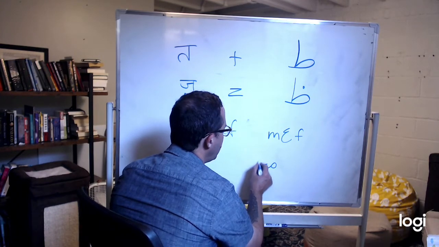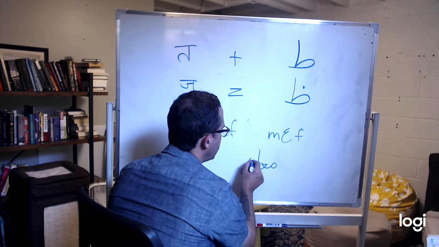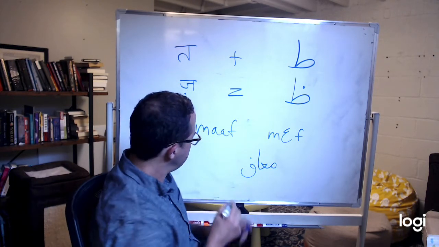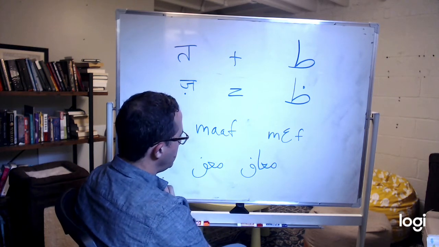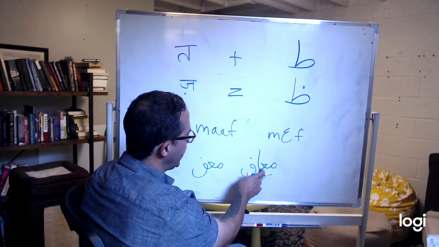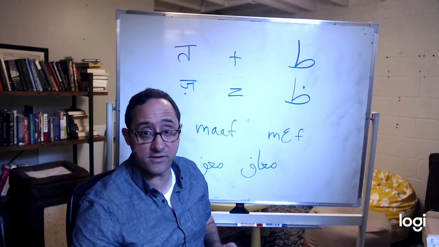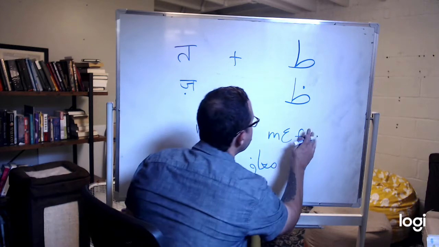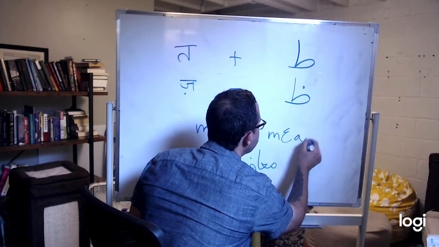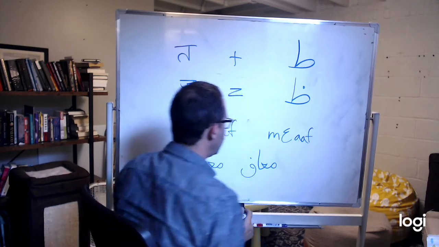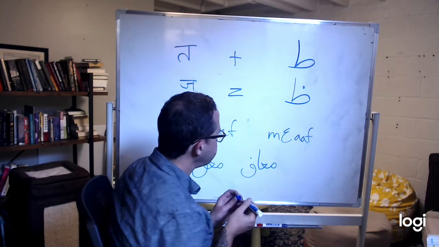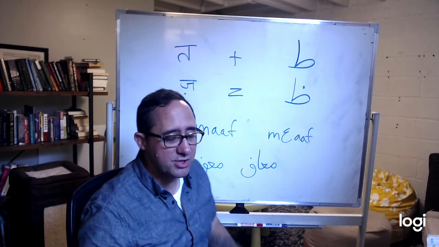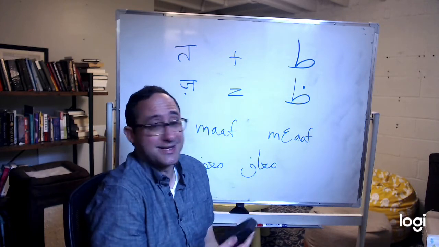I think it does go into the F. Maaf. So it has this ah first, and then an F. So it shows up, but you don't say it. You just say ah.